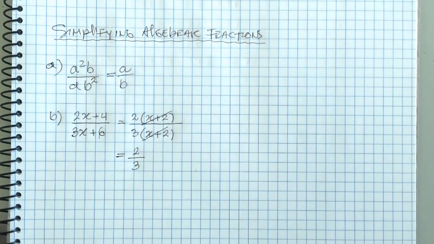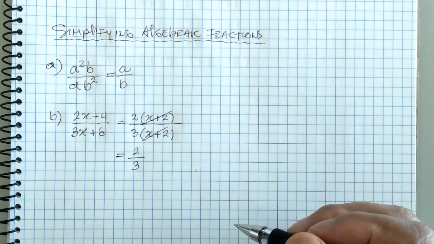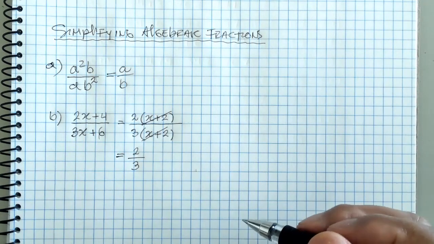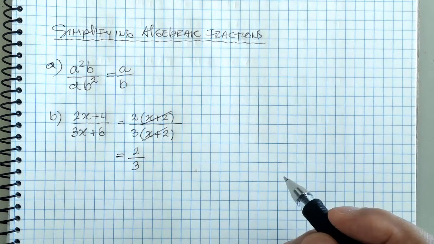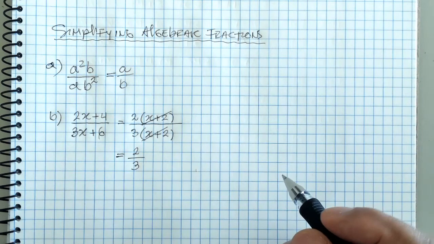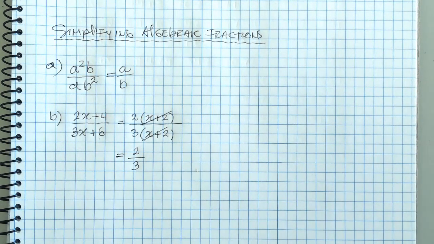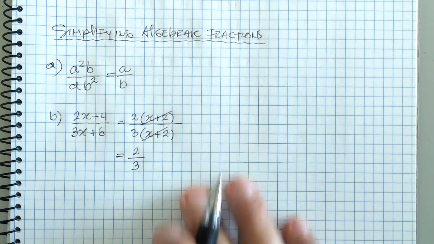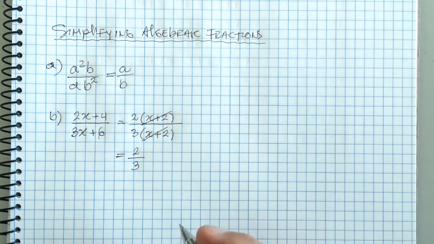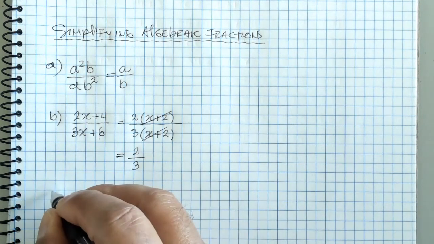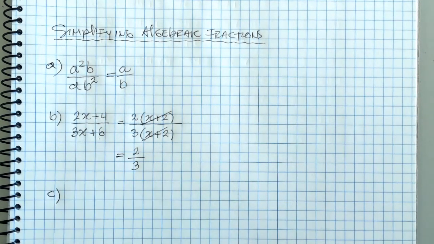Okay, I hope these are very simple exercises, but the whole thing gets a little bit more complicated later. But they're all doable. If you remember what you've done before, then you shouldn't have any problem doing any of these questions. Okay, question C. Let's do another simple one.